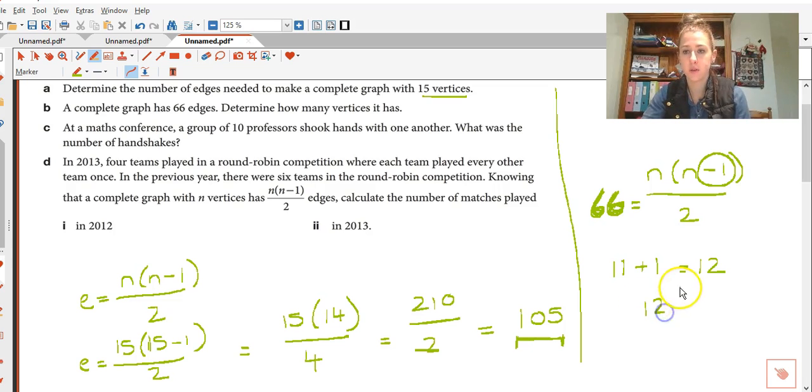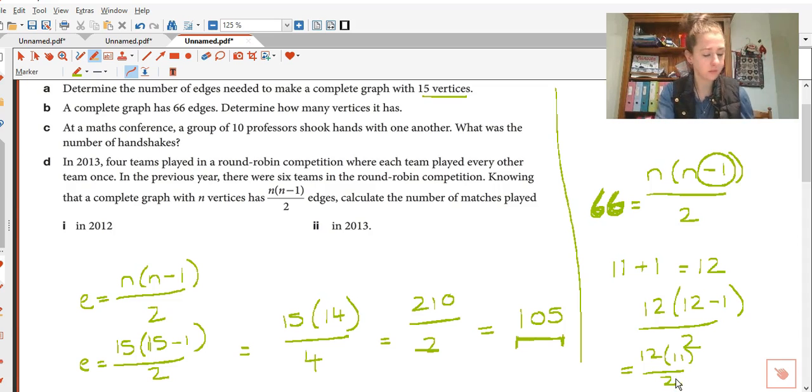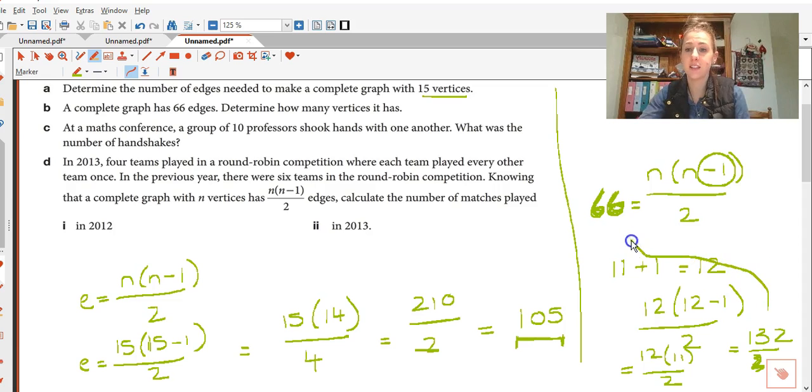So 12 multiplied by 12 minus 1 all over 2. So we'll be looking at 12 multiplied by 11 all over 2. So of course 12 multiplied by 11 gives us 132. Divided by 2, that's a 2, not a 3, does in fact give us our 66.